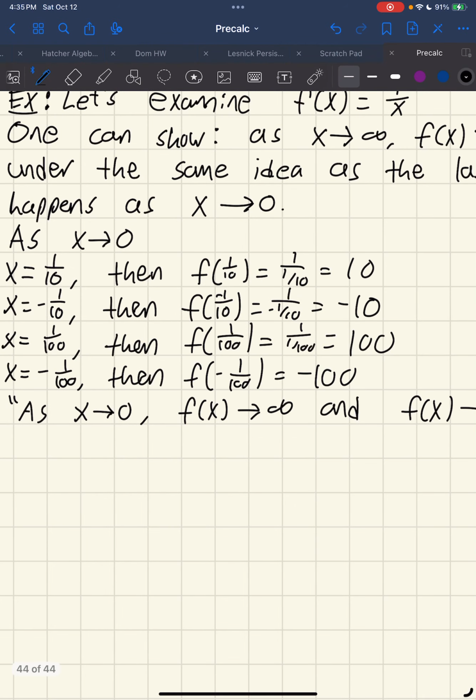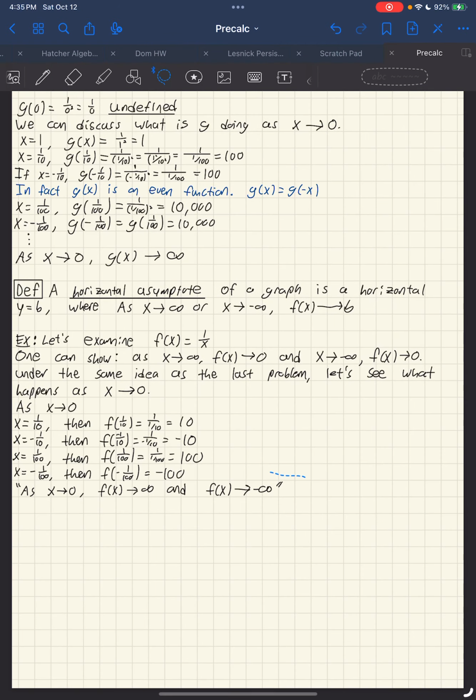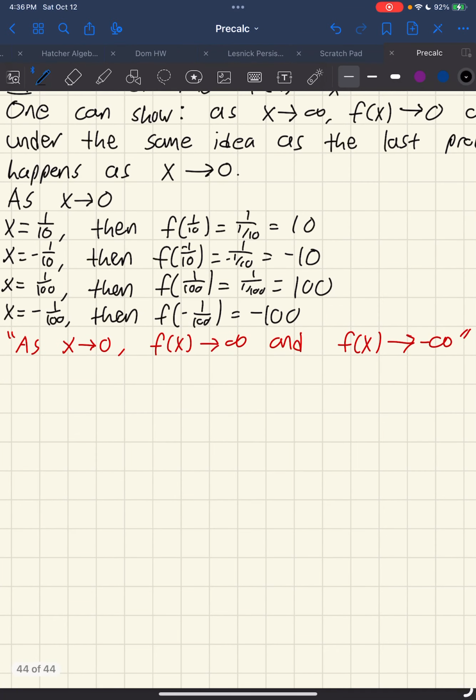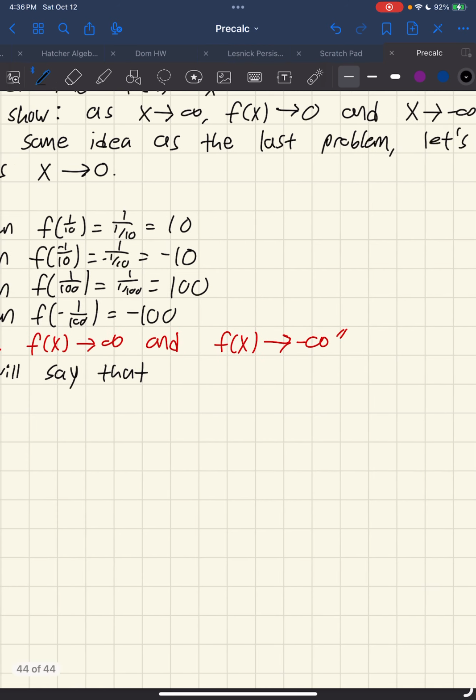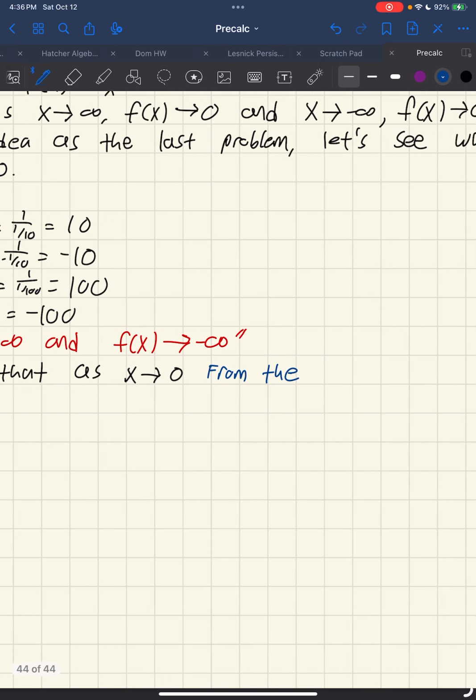So the less confusing way, let me put this in a different color so that we know that this is bad. Let's put this in red. So we know that that's a bad thing. Instead, what we'll do is we'll say the following. As x approaches 0 from the right, left and rights are important here.